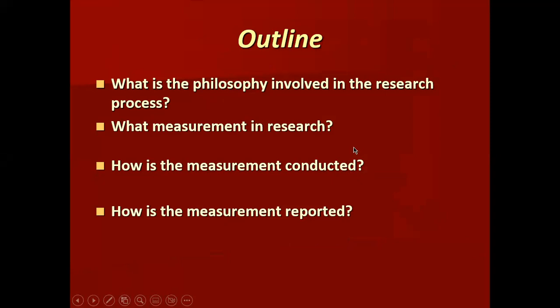The first question: what is the philosophy involved in the research process? We're going to look at that so that we'll be able to identify the basis of our measurement. If it is an observational study, the measurement is different. If it's an intervention experimental study, the philosophy and the measurement is also different.